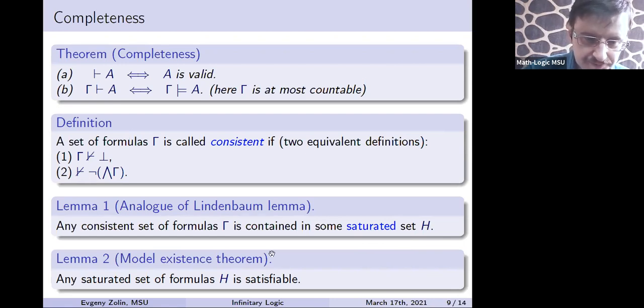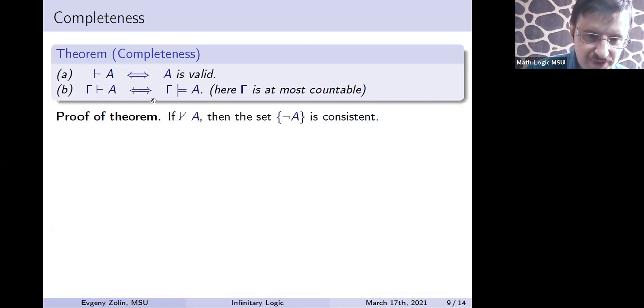So if we already know that we have proved these lemmas 1 and 2, then the proof of the completeness is as usual. Assume that A is not provable. Then the set containing negation A is consistent. Consistent means that we cannot prove in our logic the negation of this formula. But negation of negation A is equivalent to A, so we cannot prove A. We already assumed that we cannot prove A, so this is a consistent set.